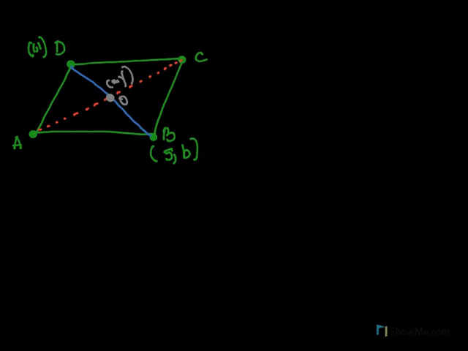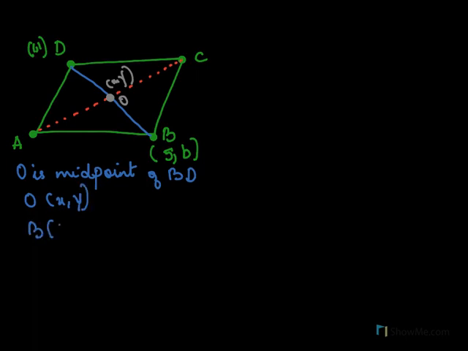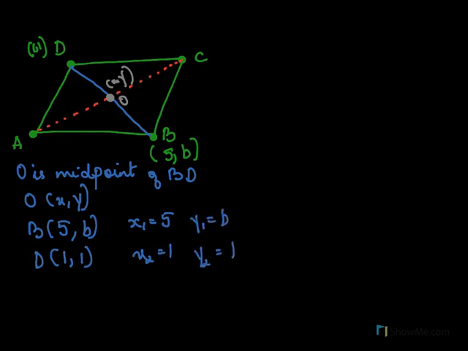Now for the next we'll say O is midpoint of BD, which means O is XY, B is 5, B and D is 1, 1. So X1 is 5, X2 is 1, Y1 is B, Y2 is 1.